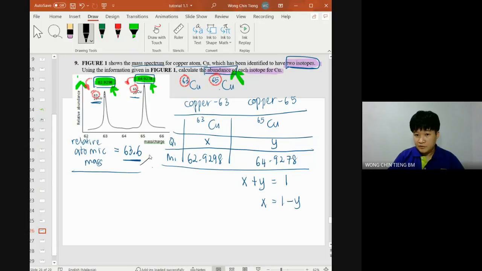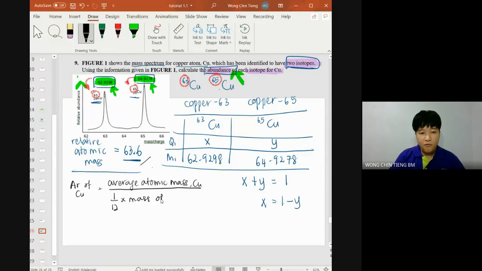Betul? So kita nak jadikan dia kepada average, therefore we use the formula AR of copper equals to average atomic mass of copper. This is the one that we are looking for, over 1/12 times mass of 1 carbon-12 atom.